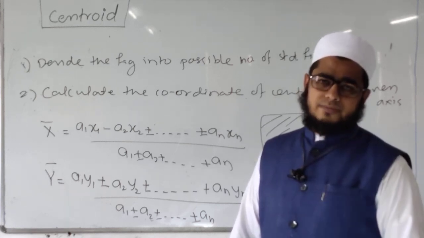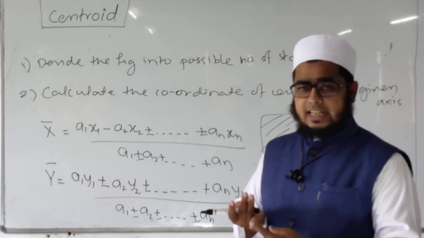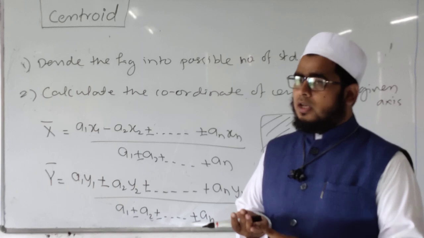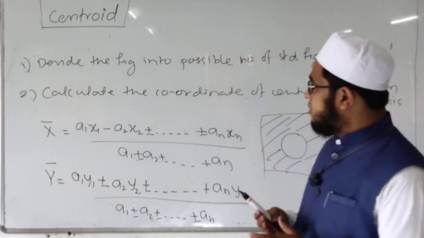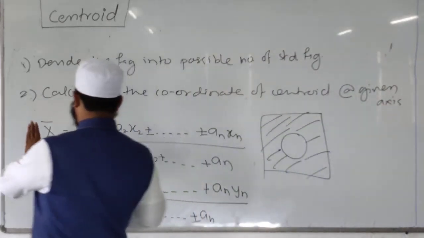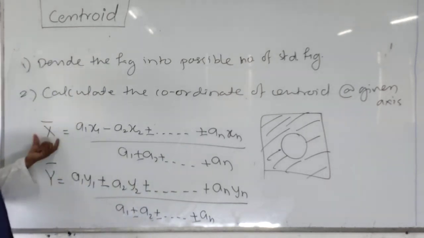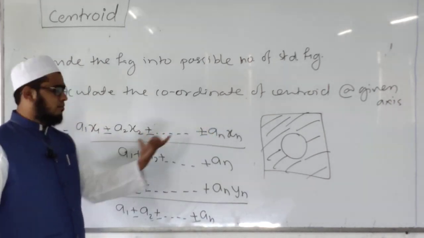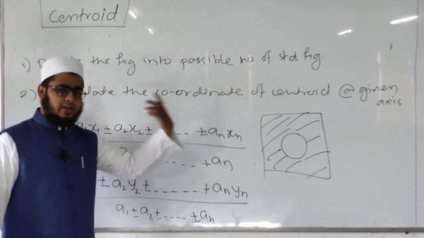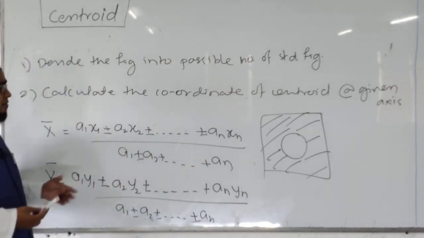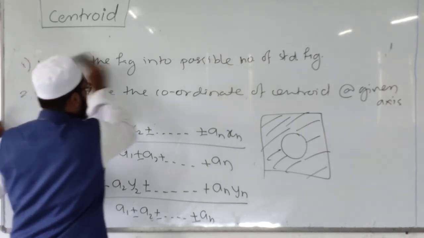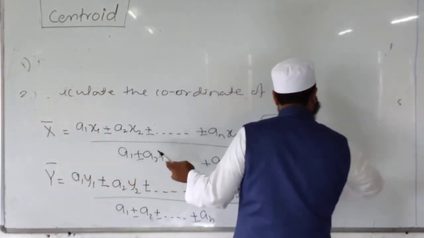For each figure I will calculate the area, the x coordinate of the centroid and the y coordinate of the centroid. After calculation I will use this formula: x bar equals a1 x1 plus or minus a2 x2 plus or minus up to n number, divided by a1 plus or minus a2 up to n. Similarly for y bar I will use the formula. It is very easy.